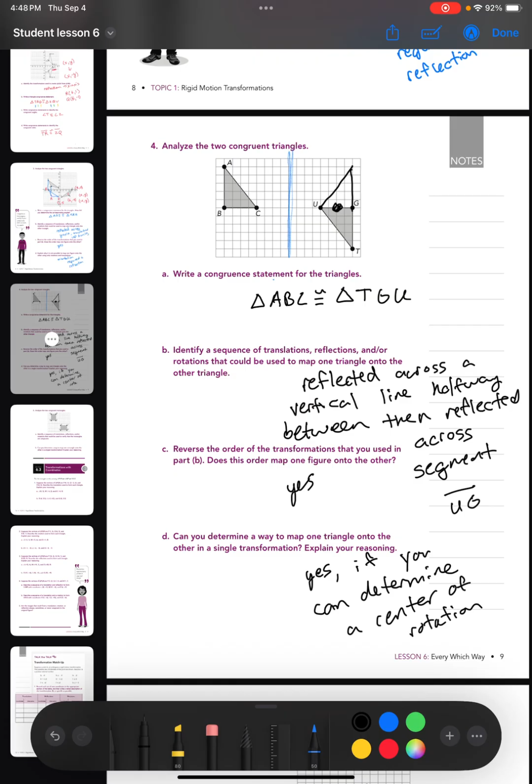But as I said, for our purposes, our point of rotation is going to be the origin we're going to work with. It's just that this coordinate grid does not have an X and Y axis on it.